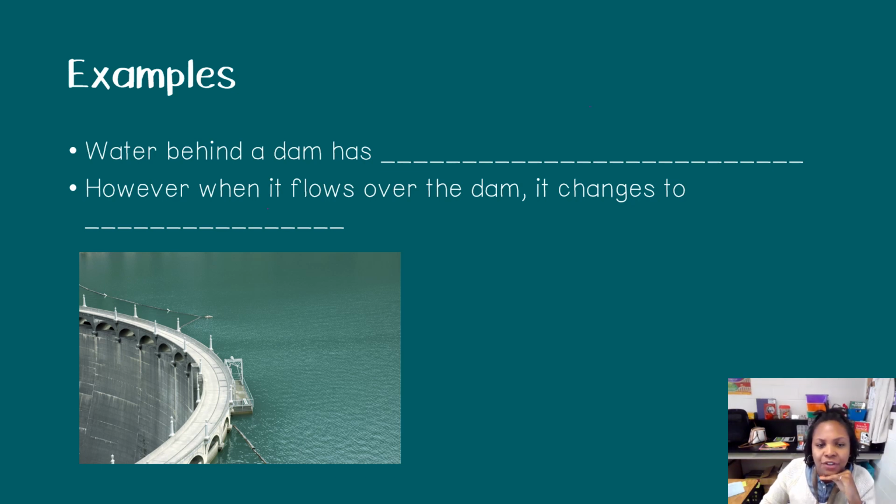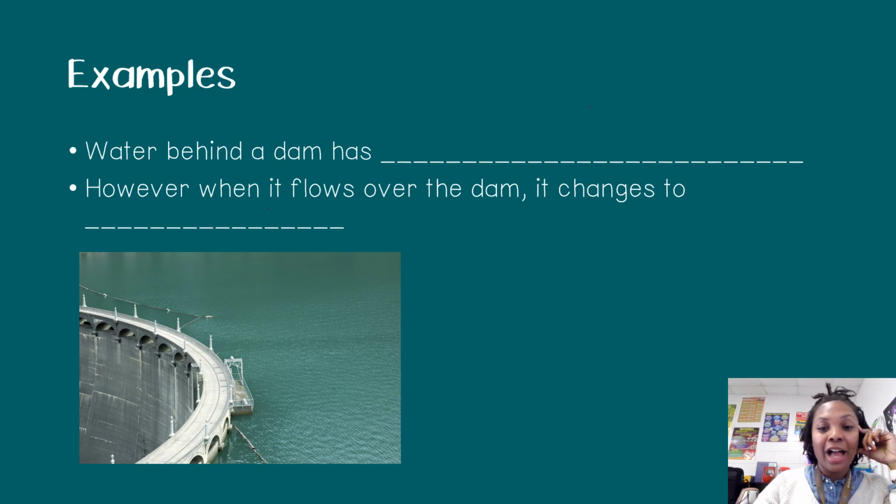I want you to take a few seconds and think about that. Good job. Potential energy. So that energy that's behind the dam is potential energy because it's energy that is being stored.